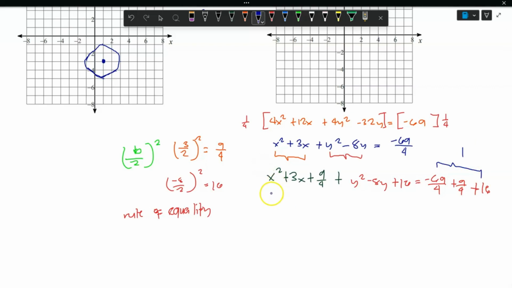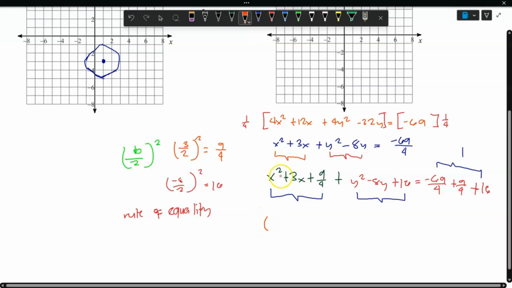And now, after completing the square, we actually form a perfect square trinomial. And remember, a perfect square trinomial can be expressed as a square of a binomial. So let's try to do that. How do we express this perfect square trinomial as a square of a binomial? First thing to do is we're going to write the variable x. And remember earlier we have this.